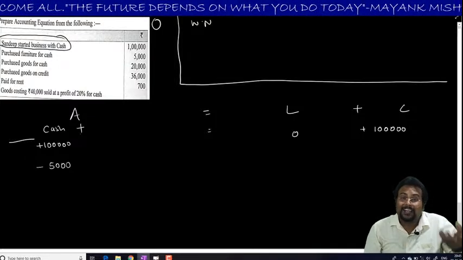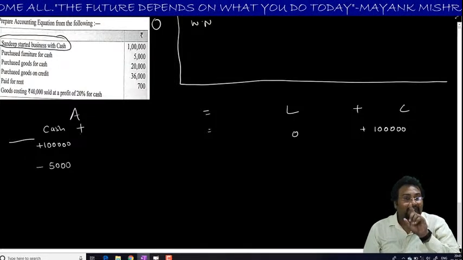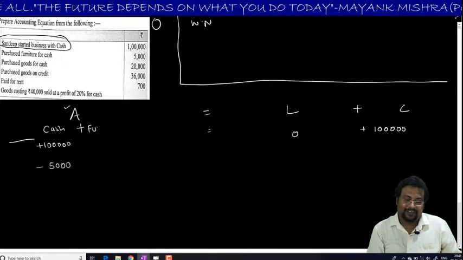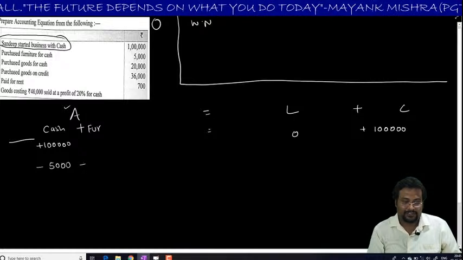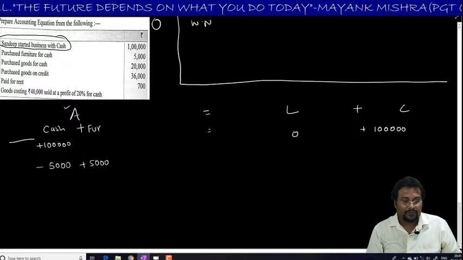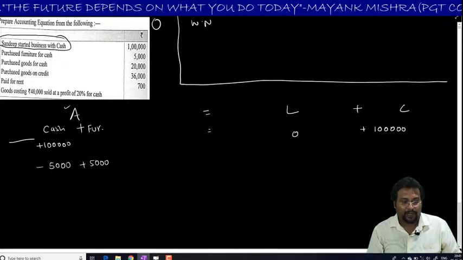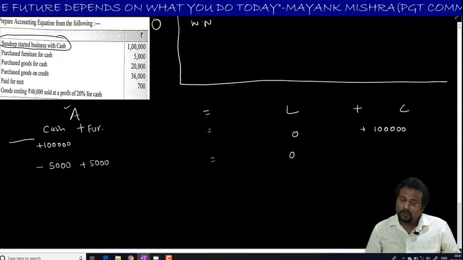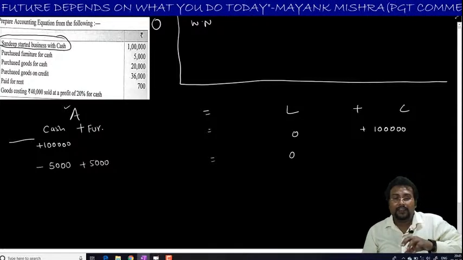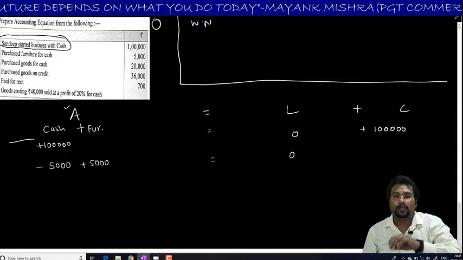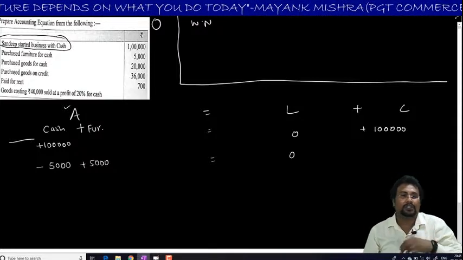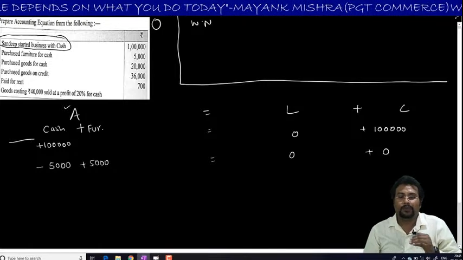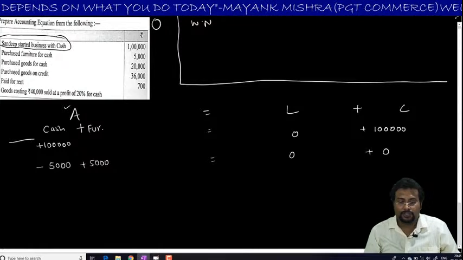Furniture is coming in, and furniture is also your property, so it will be written on the asset side. Furniture is increased by 5,000. Any future payment? No, sir. Any effect on capital? No, because when we purchase the furniture, no profit, no loss is there. So no change in the capital. It will be 0.